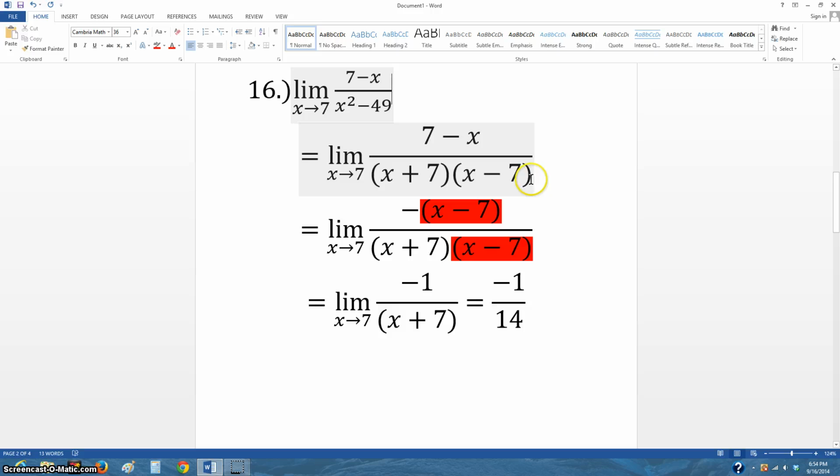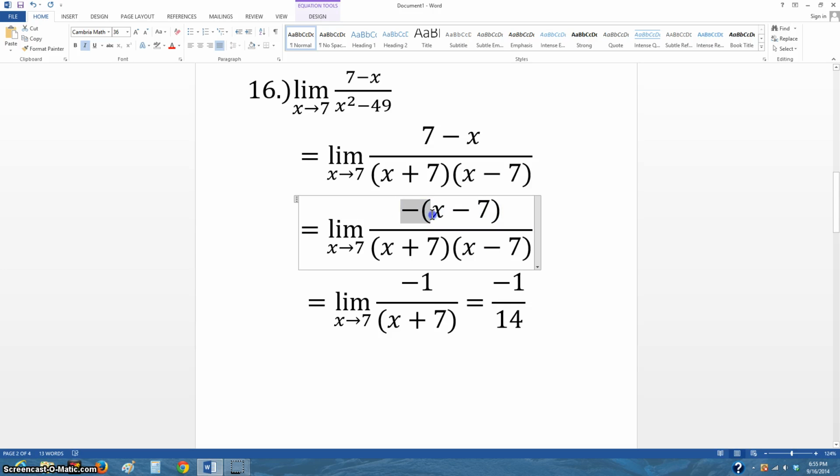Right there. So when you factor, you have x plus 7, x minus 7 in the denominator, but you still have 7 minus x. However, don't cancel anything out because they look similar, but that usually means that you most likely have to factor out a negative, which I did in this case right here. I factored out a negative, and when I factored out a negative, I got x minus 7. How do you know if you factored correctly?